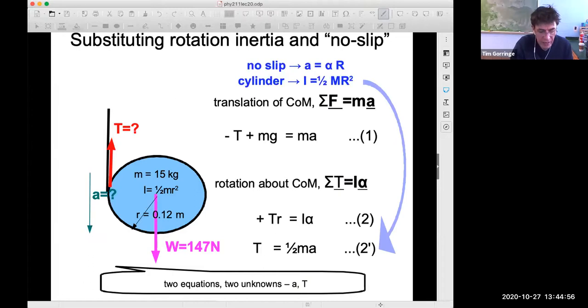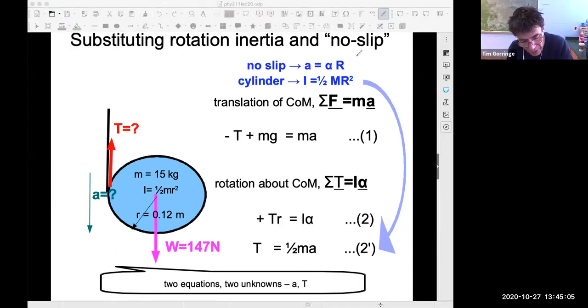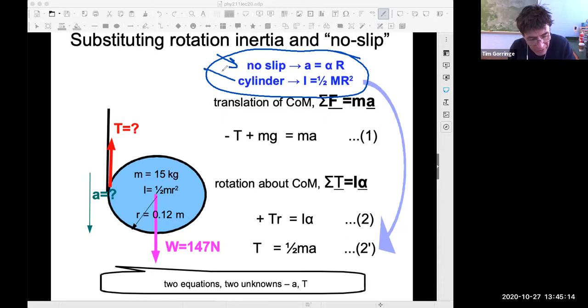At that stage, I just copied the last slide and added a couple of things, as I did on the previous problem with the pulley and the bucket and the well. I added in the no-slip condition, which relates acceleration and angular acceleration. I added in the fact that my rotating object is a cylinder with a moment of inertia determined by its mass and its radius.